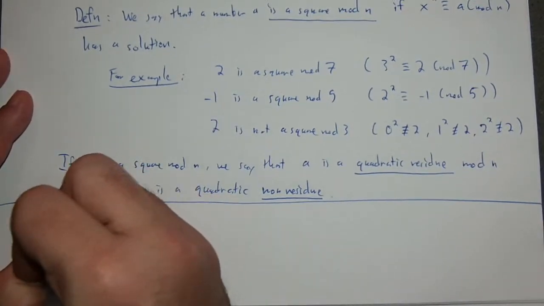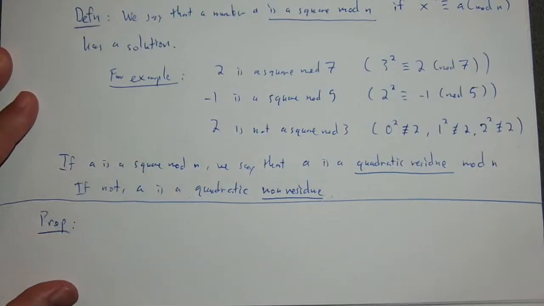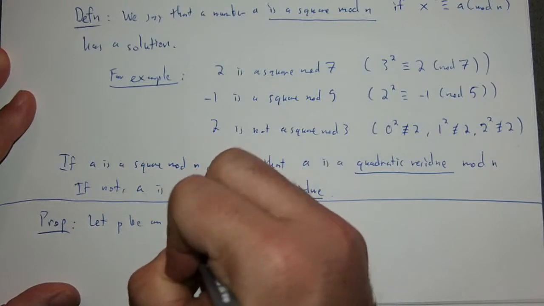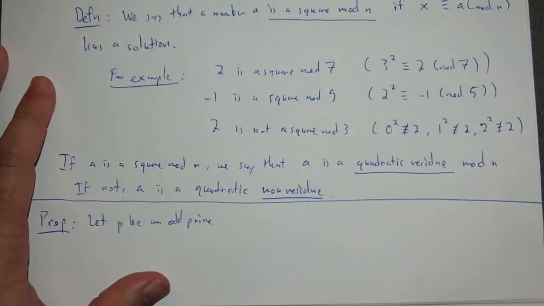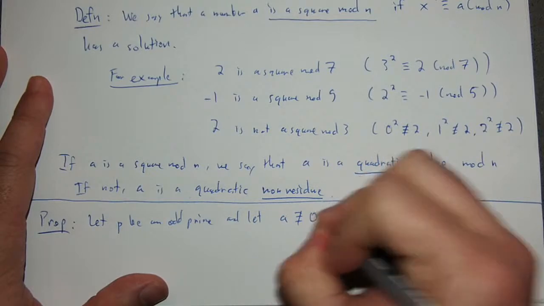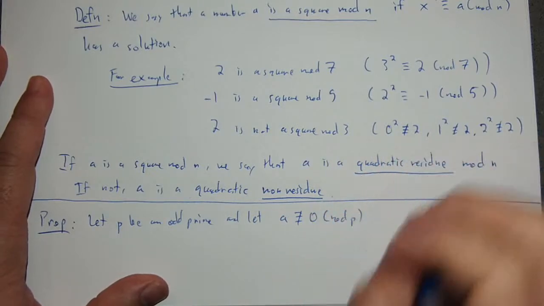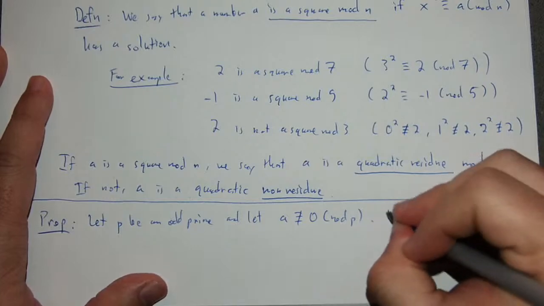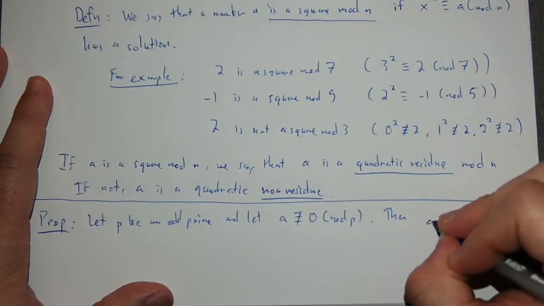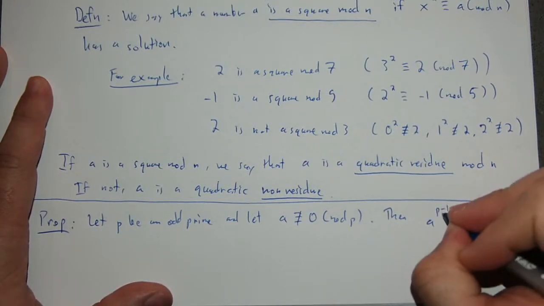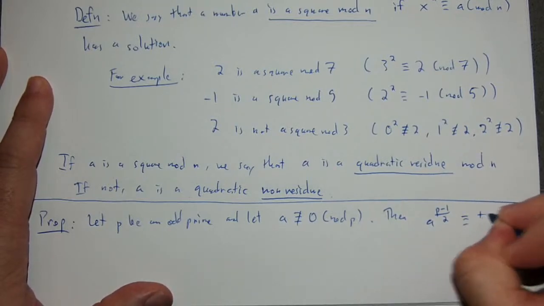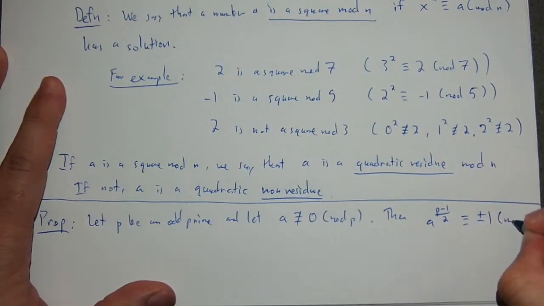So then there's the following proposition, which says let p be an odd prime, and let a not be congruent to 0 mod p. Then a to the (p minus 1) over 2 is congruent to plus or minus 1 mod p.